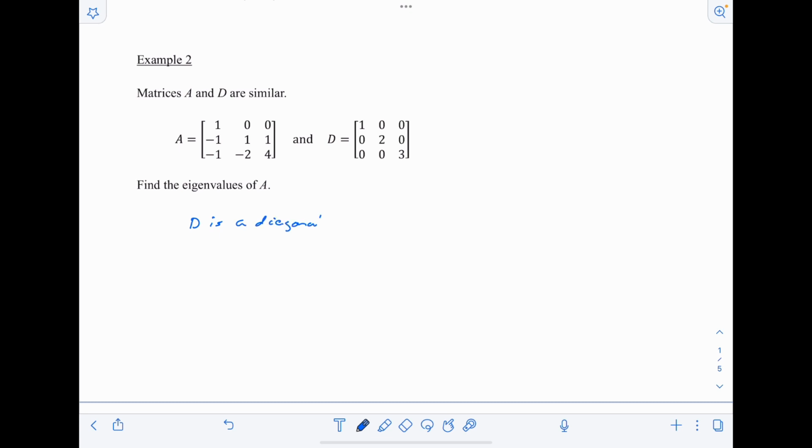And therefore, its eigenvalues are given by the entries on its main diagonal. So in this case, it's going to be lambda 1 equals 1, lambda 2 equals 2, and lambda 3 equals 3. Those are the eigenvalues for D. And because A is similar to D, A will have the exact same eigenvalues. So this would also be for A, because it's similar to D.